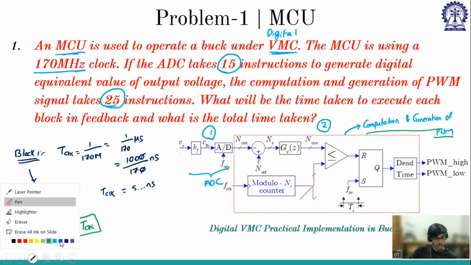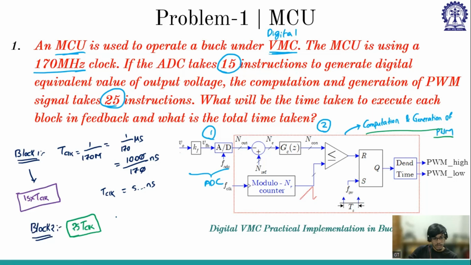So what is the total time now for computation of both? 15 into T clock plus 25 into T clock, which is 40 into T clock. So we have to calculate 40 into 100 by 17 nanoseconds, T clock.